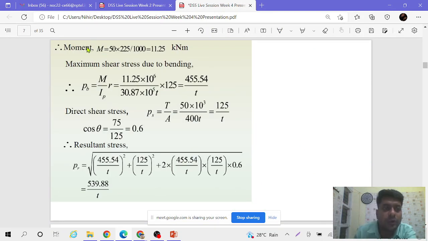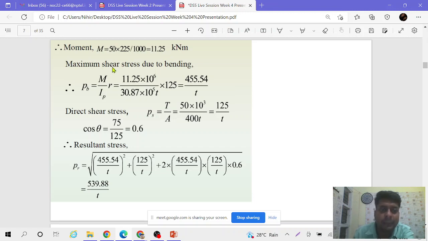Now we have to calculate the moment. Here moment is written, but more precisely we should write twisting moment, because the weld is experiencing torsion. So M is equal to 50 into 250 is the load, and this is the eccentricity, 225, the value of E which we have already calculated. So P into E upon 1000, where 1000 is for changing mm to meter, so we are getting 11.25 kilonewton meter.